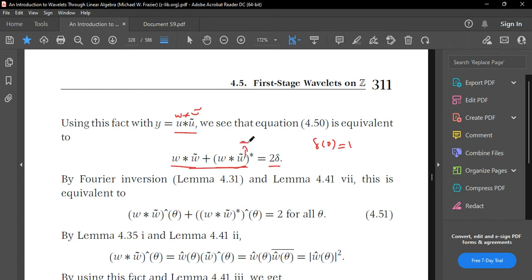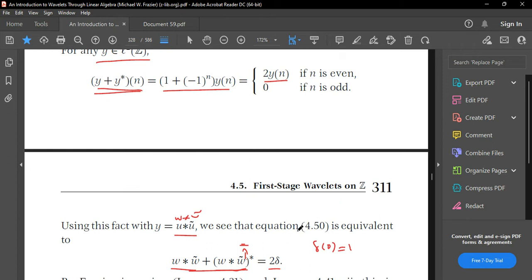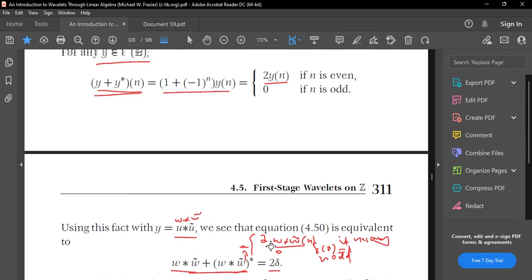From the equation, y plus y star of n is equal to 2 times W star W tilde of n if n is even and 0 if n is odd. Now W star W tilde value we already know.